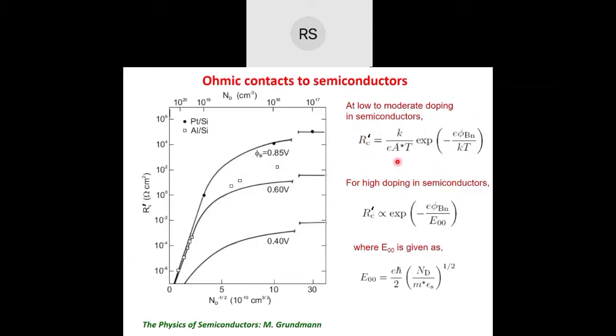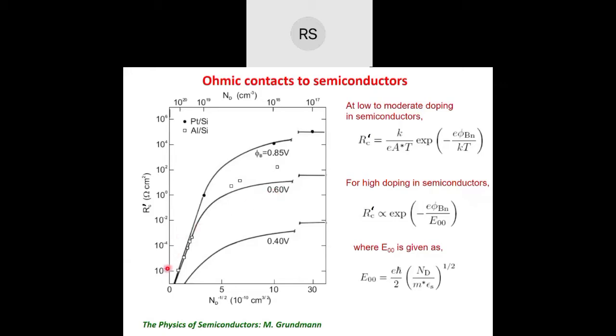This is dependent either on the barrier height or the dopant concentration through this formula. Again, I will not go into the detail, but this is from the thermionic emission model and this is from the field emission model of metal semiconductor devices. This graph summarizes everything you need for the fabrication of a very good ohmic contact.